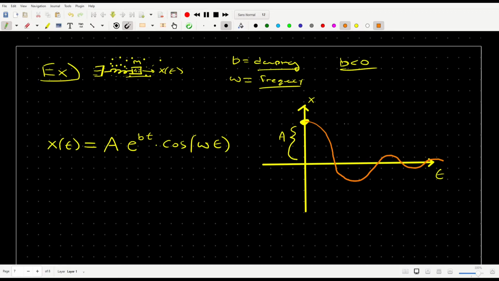So this is what x of t looks like as a function of t.